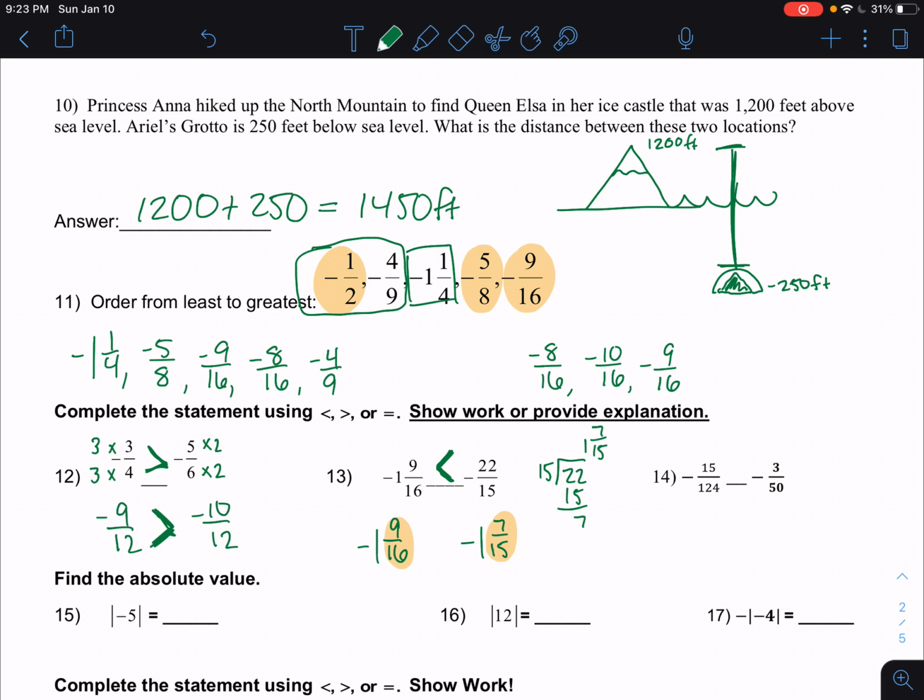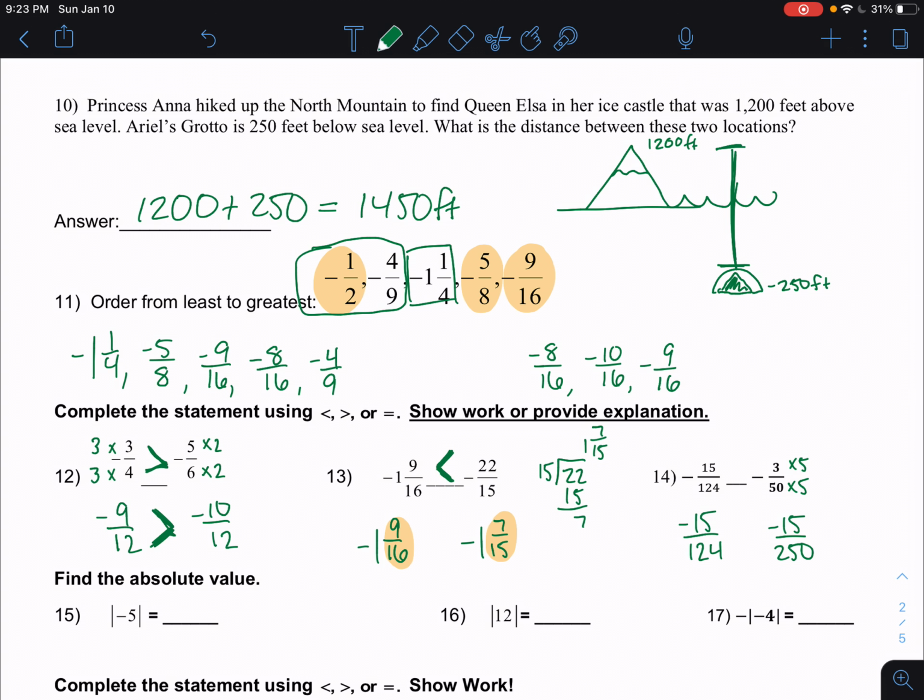For number 14, looking at the numerators this time, I can make the 3 into a 15 pretty easily. So I'm going to have negative 15 over 124 and negative 15 over 250. Remember, when we're comparing denominators, we're talking about how many people we have to share with.